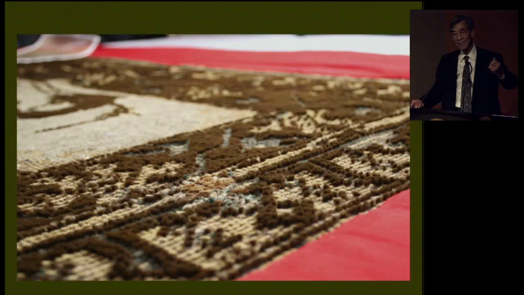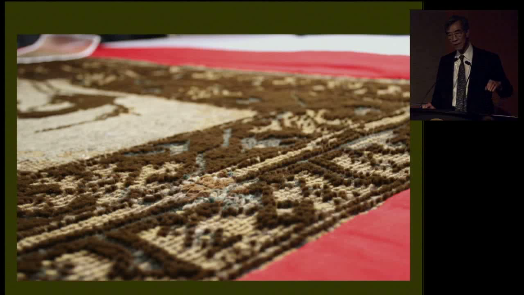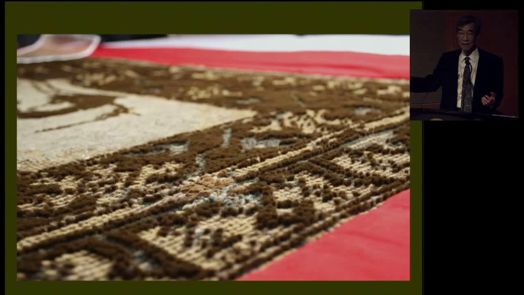Now what does this mean? This gives us another connection. There is in Chinese records, which I read some time ago, that people on the steppe of northern and central Asia would weave carpets with animal hair, and no one has ever seen such a thing until this piece turned up.